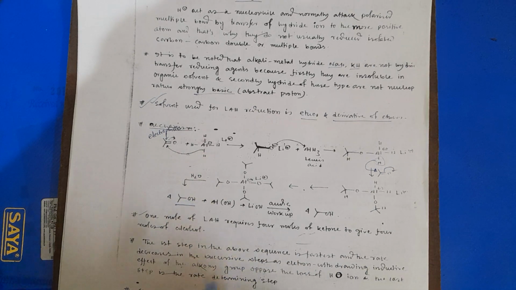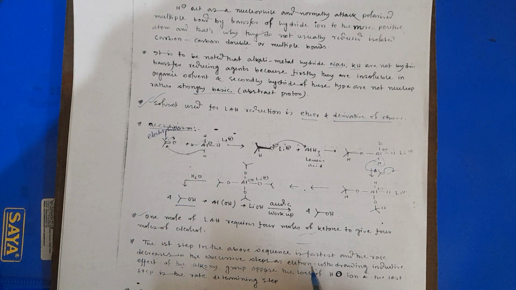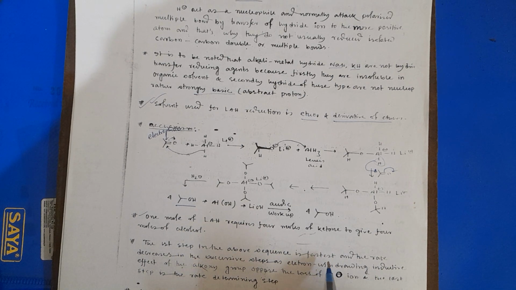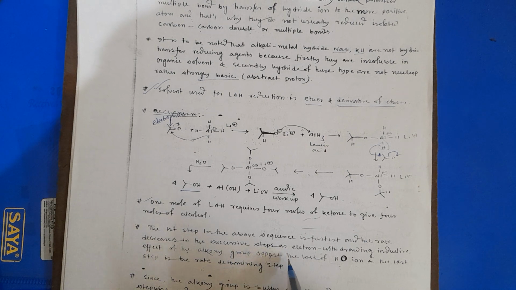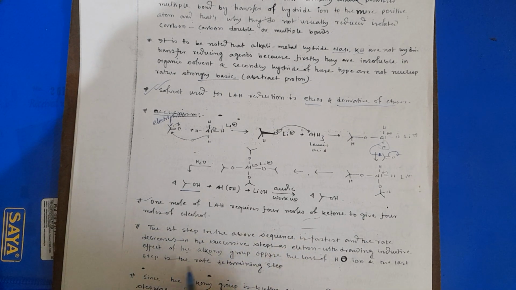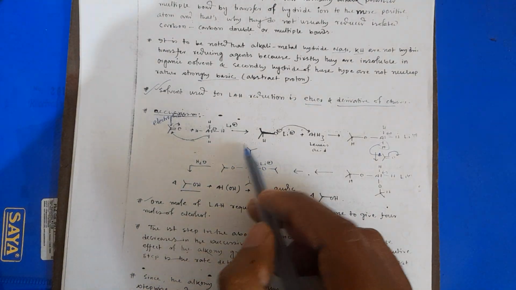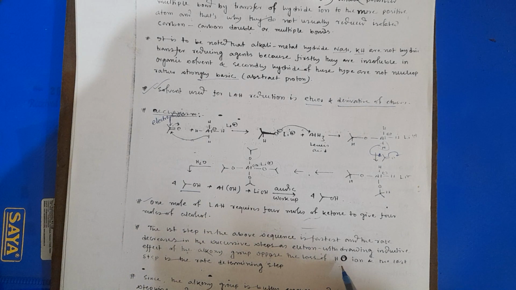And finally you can see that the first step in the above sequence is the fastest, and the rate of the reaction decreases in the successive steps, as the electron withdrawing inductive effect of the alkoxy group opposes the loss of H minus ion.